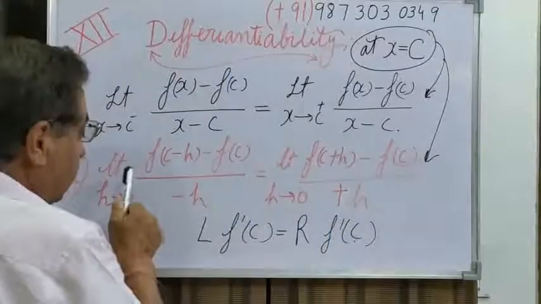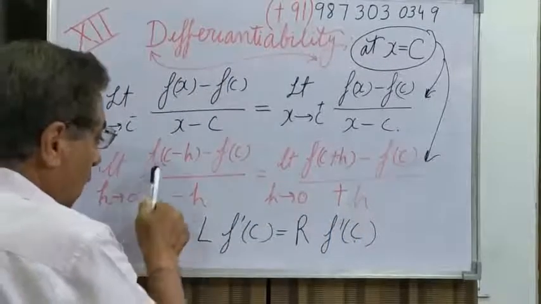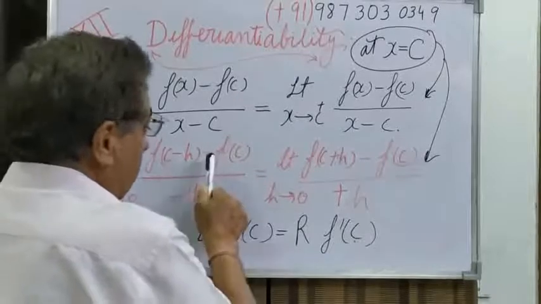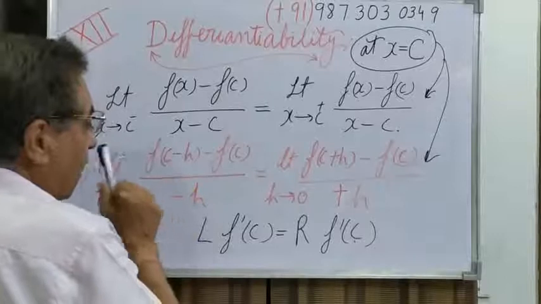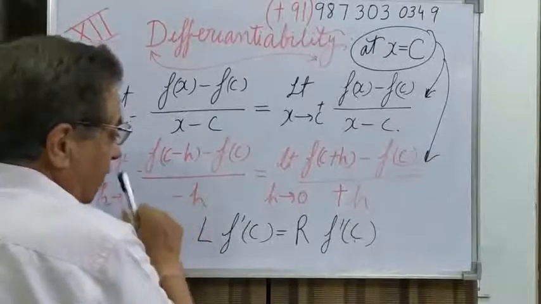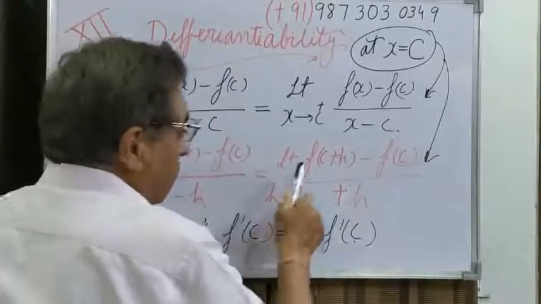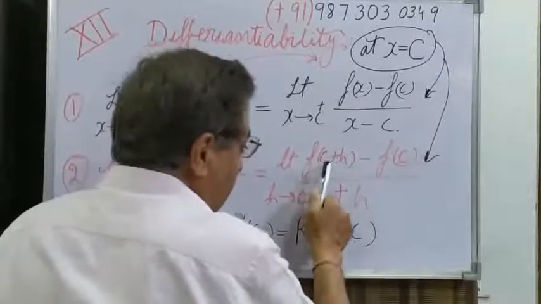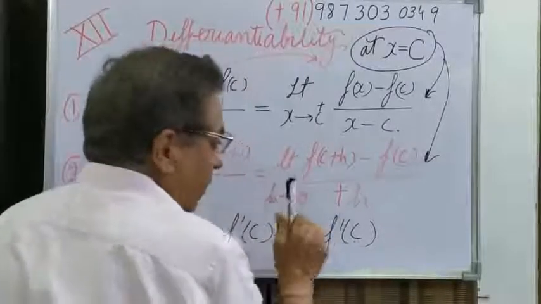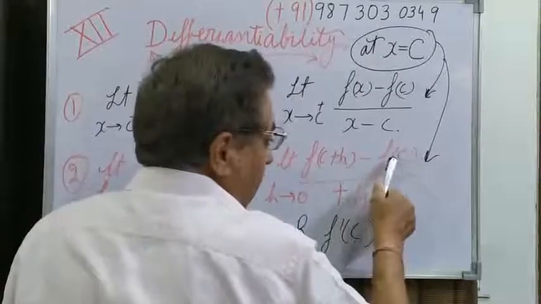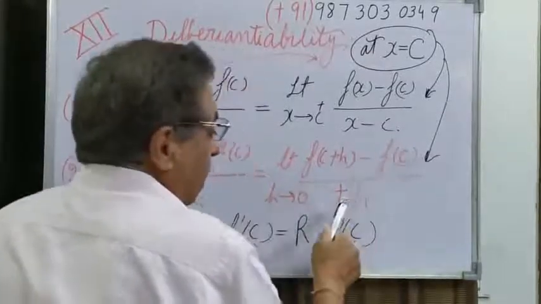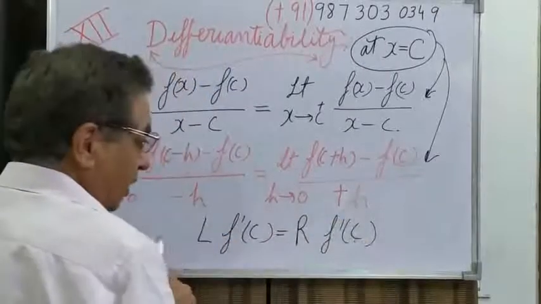So the right hand limit becomes h approaches 0, (f(c plus h) minus f(c)) upon plus h. Here f(c minus h) is the value of the function at c minus h, f(c) is the value of the function at c, then f(c plus h) is the value of the function at c plus h, where h is a small increment.